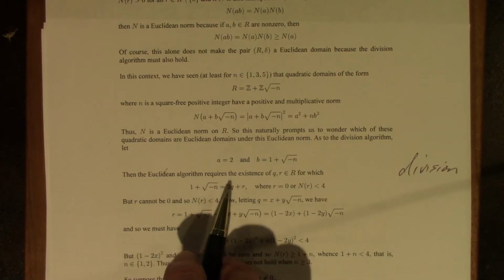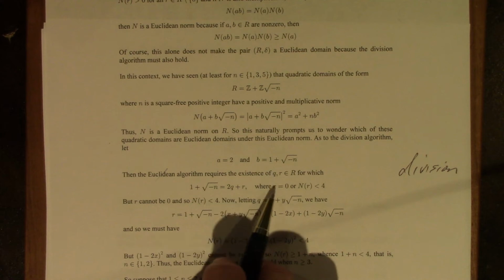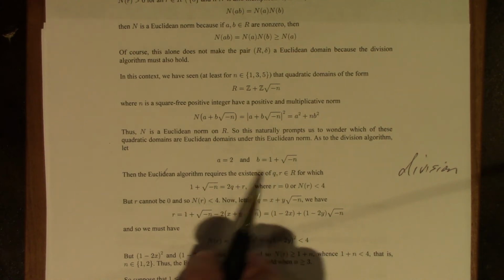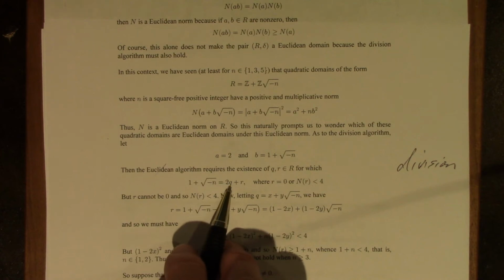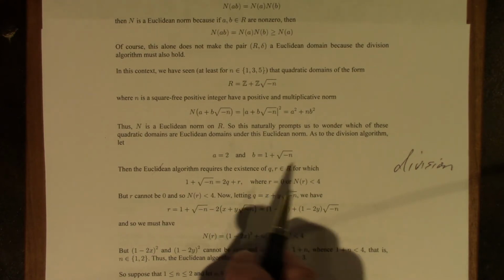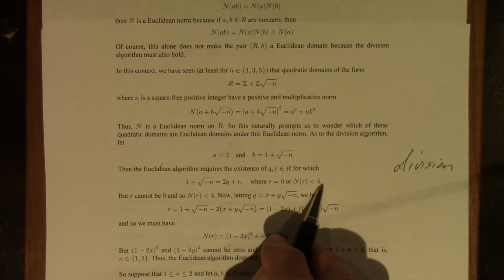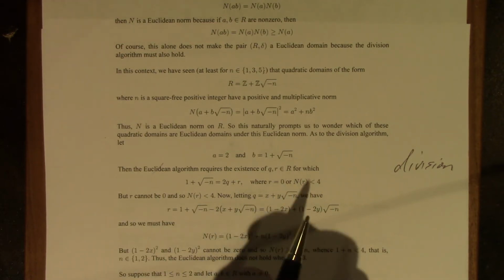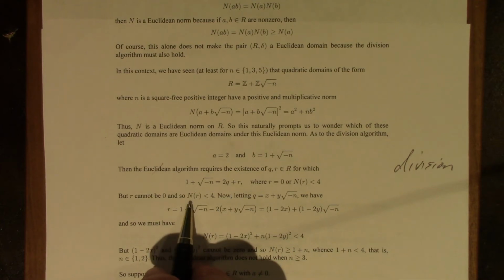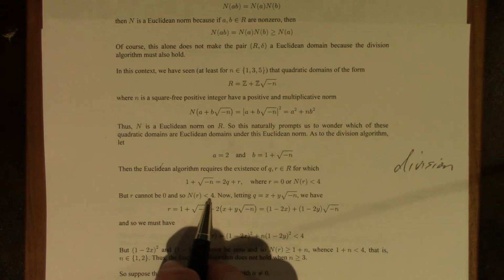The division algorithm requires the existence of a quotient and a remainder for which b is qa plus r. So we're dividing b by a. r is 0, or the norm of r is less than 4. But r cannot be 0, and I'll let you ponder that. So the norm of r is less than 4.